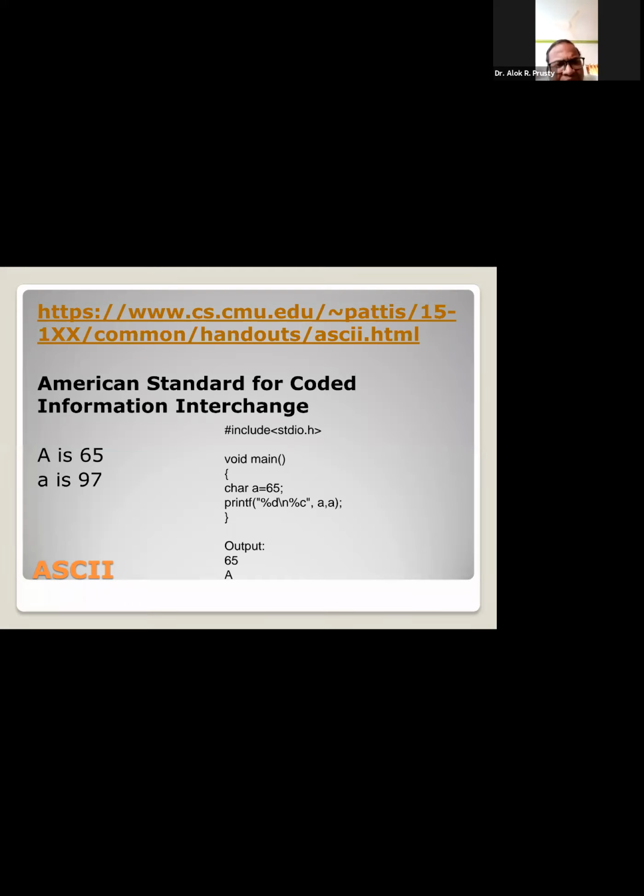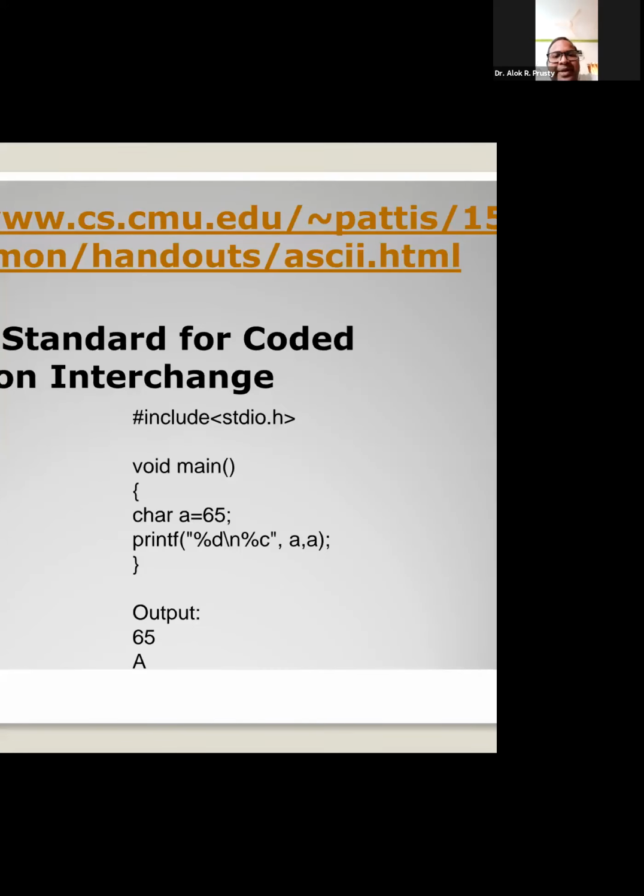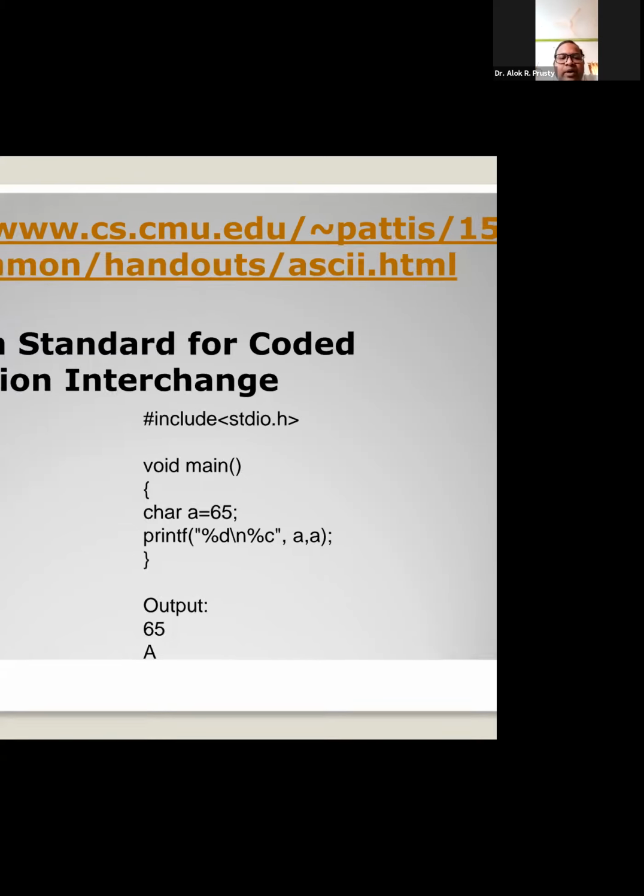How? If I print, as we discussed in the last class about the printf statement, now I am printing the value of a in both cases with different format specifiers. That is, %d is used for integer and %c is used for character. Then we will get the value as follows.